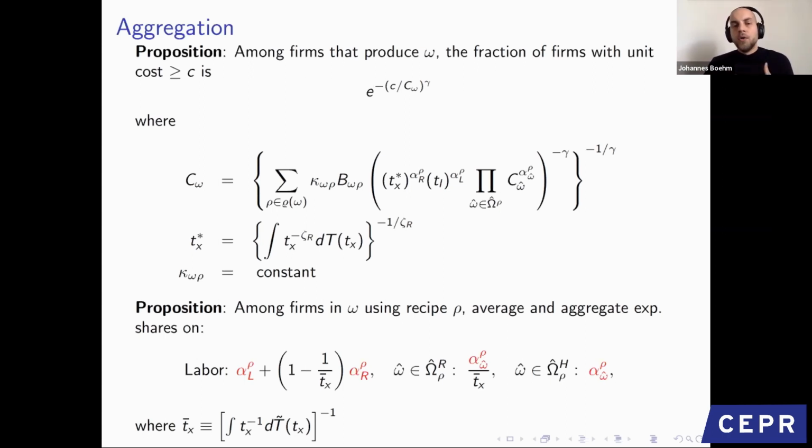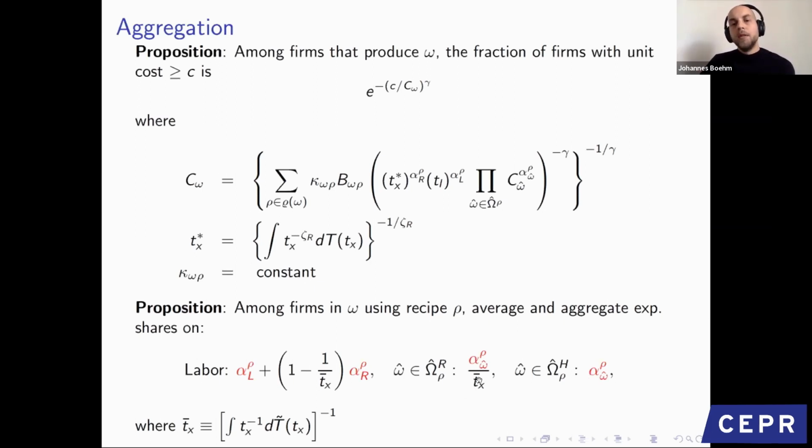Okay, so we can not only solve this cost minimization problem, and the overall cost distribution in each industry will be following an extreme value distribution, but also the cost shares are going to be Cobb-Douglas, coming from technological parameters, but distorted by the presence of these distortions. So in the absence of distortions, the average and aggregate expenditure shares on the factors would be the ones from a Cobb-Douglas production function, so technologically driven.